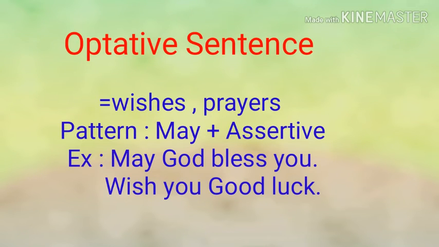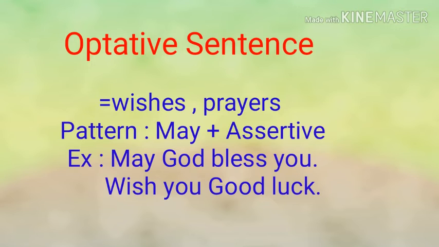The fourth kind of sentence is the optative sentence, which denotes wishes or prayers. Its pattern is may plus assertive sentence pattern. But sometimes may is omitted also. Not only with may does the optative sentence start.